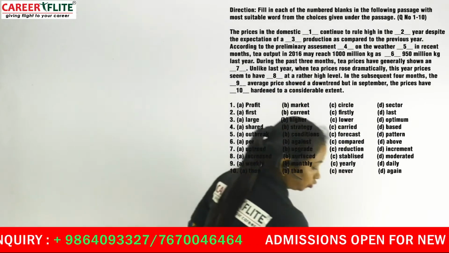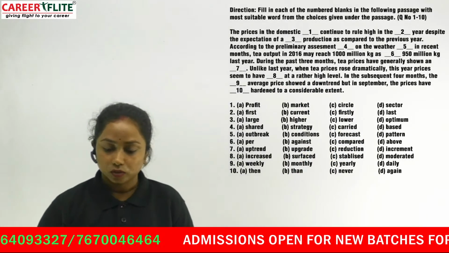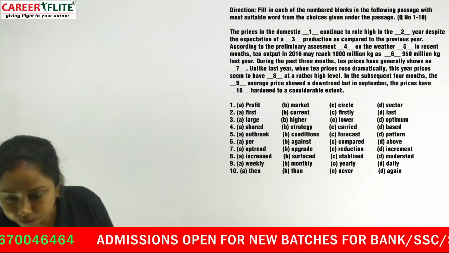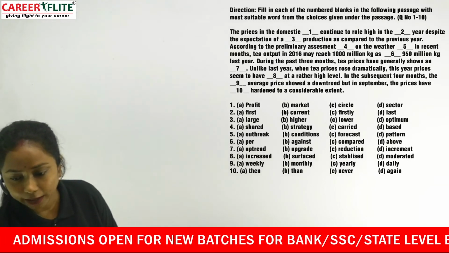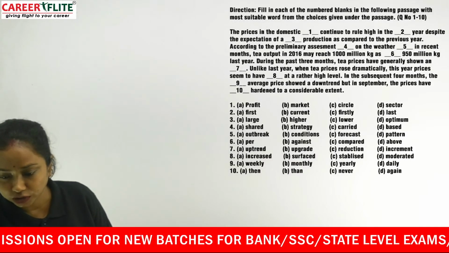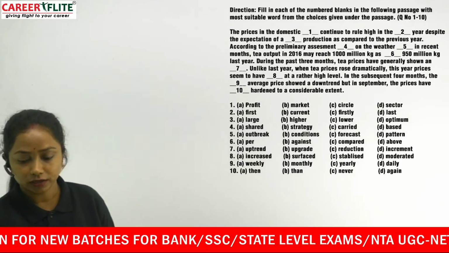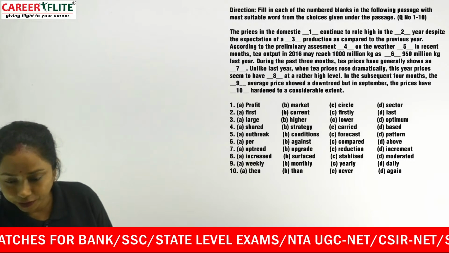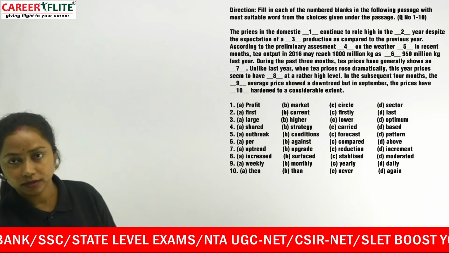So let's read the whole passage first and then we will solve it one by one. The prices in the domestic dash continue to rule high in the dash year despite the expectation of a dash production as compared to the previous year. So this is our first line. Let's see the options for the first blank: profit, market, circle, and sector.